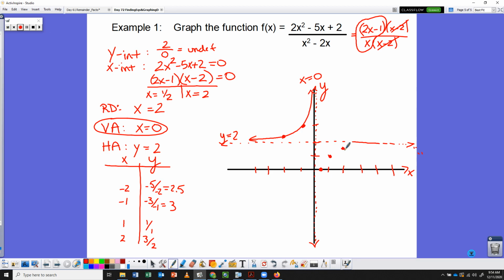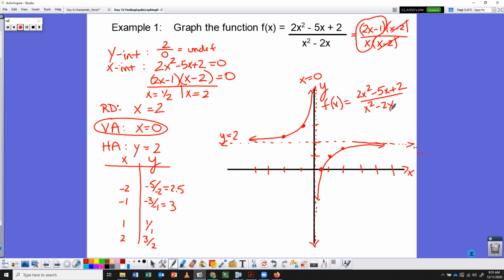Now don't forget, you not only have these 2 points that I just plotted from my chart, but we also have our x-intercept. And I'm going to go ahead and draw this graph in. Okay, you've got to label your equation with the equation that you had originally, which was 2x squared minus 5x plus 2, all divided by x squared minus 2x.